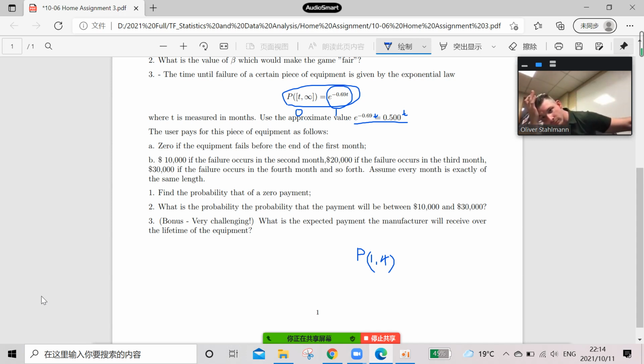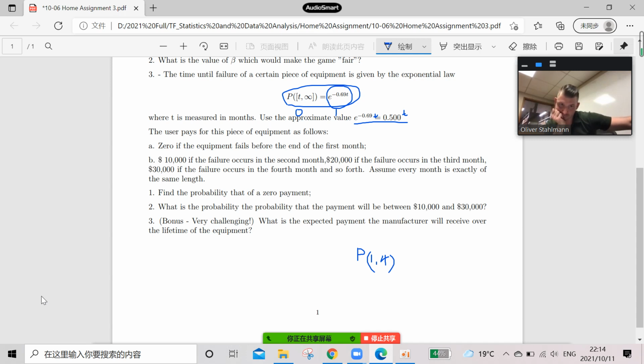So basically, you are calculating the probability of the equipment failure during the first month plus the probability of equipment failure during the second month plus the probability of the equipment failure during the third month.